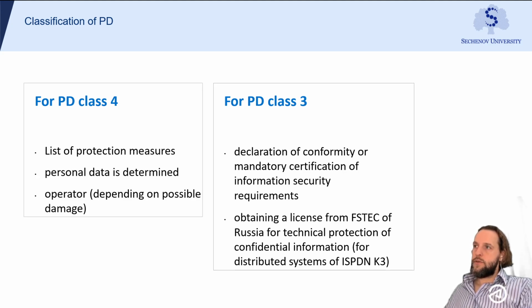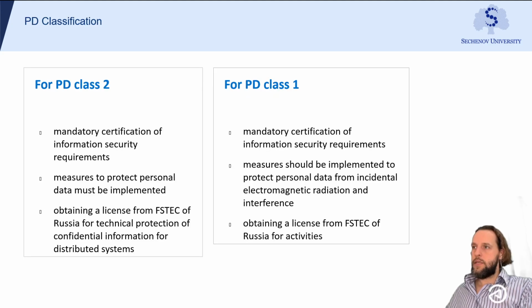For each class of personal data, we will have different types of measures that we need to have in place. For example, for less intense classes, we will have just a list of protective measures, and for more strict classes, we'll need to have certified tools to manage this data, and this certification is being done by legal bodies in the country.